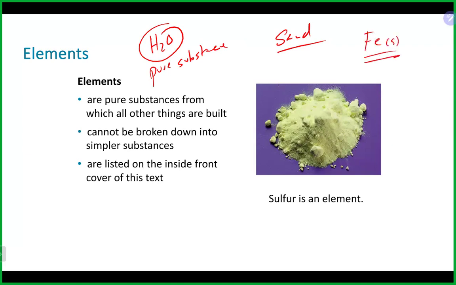So any element is a pure substance. Again, even our hydrogen gas, which is two hydrogens together, is also a pure substance. That's all that you have. They cannot, as I mentioned before, be broken down any further. They're pretty much as far back as you could go. And typically, if you do want to break things up into their elements, you pretty much need some type of chemical reaction, a chemical change, to occur to do that.